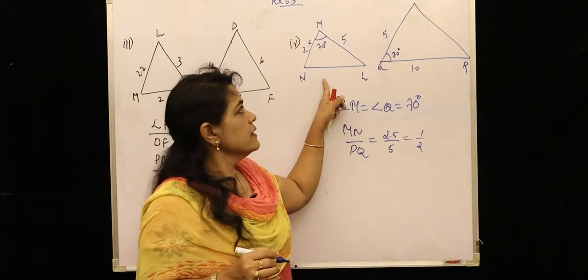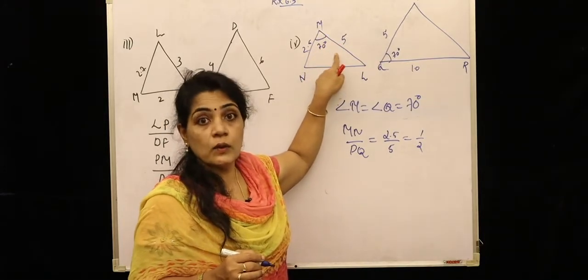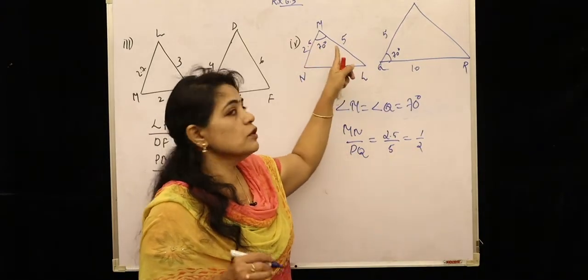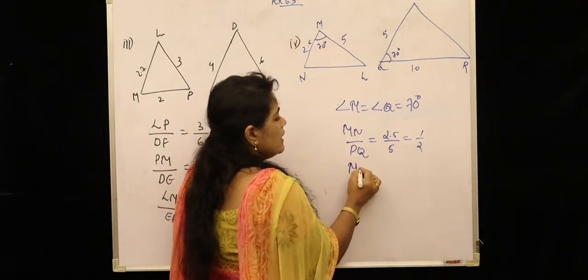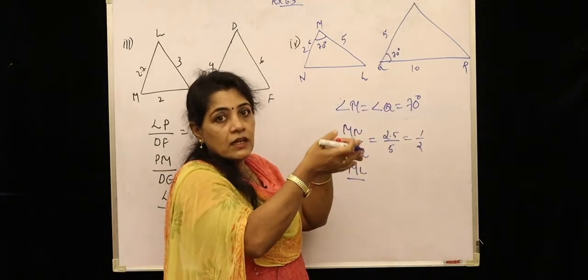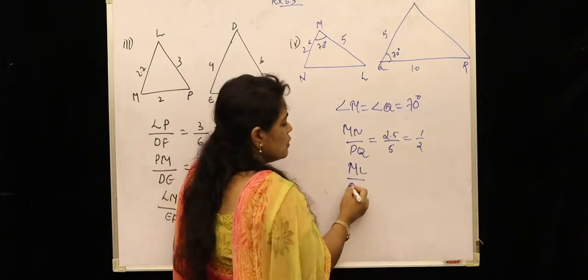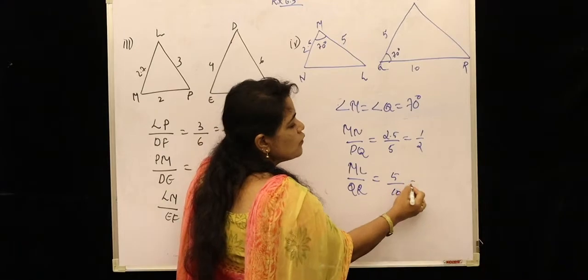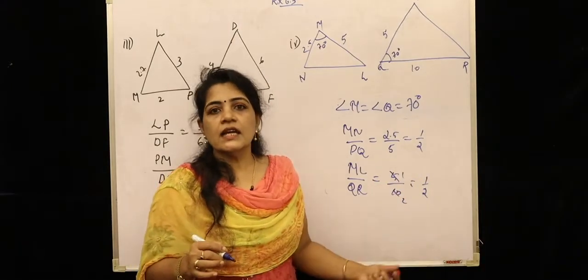And the second side, ML, divided by the second including side of the second triangle, that is QR. So take its ratio. ML is 5 and QR is 10. So 5 in 10, 2 times, 1 by 2. See children, here what happened?